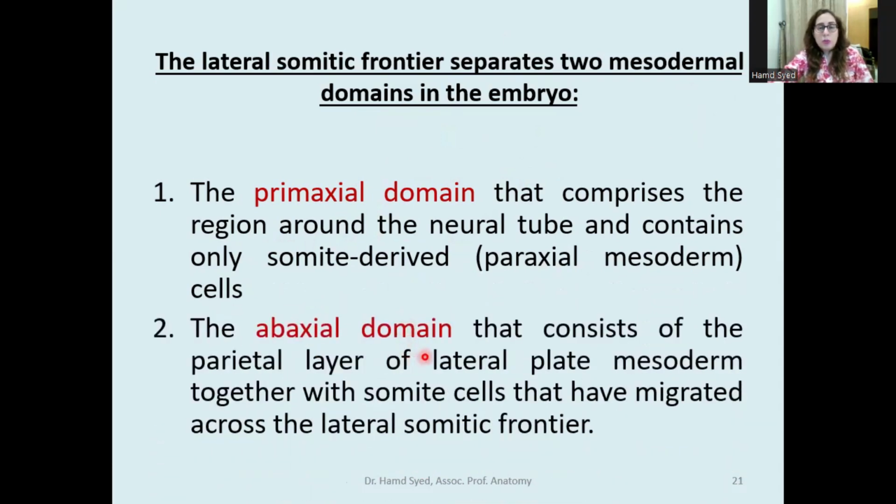The abaxial domain is the one that consists of the parietal layer of lateral plate mesoderm, together with a few of those somite cells that have migrated across the lateral somatic frontier, those from the VLL group, which I just showed you. So here we have these two main groups of muscle precursor cells, the primaxial group and the abaxial group.